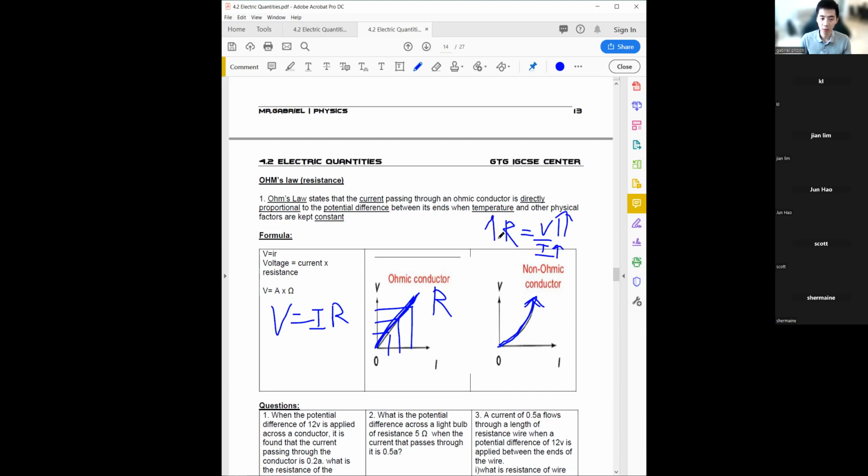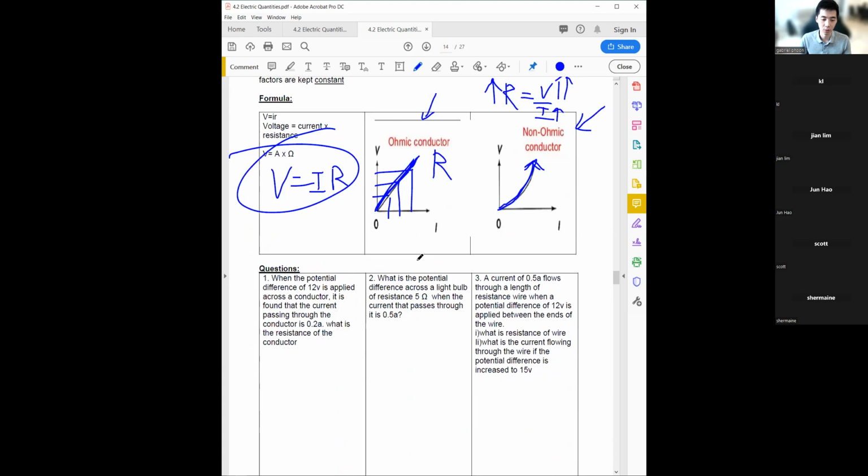And obviously, what's going to happen is your resistance is going to increase, right? So just in conclusion, just remember that non-ohmic conductors have increasing resistance. Ohmic conductors have constant resistance. This is actually very important, right? The very, very important formula, must know.